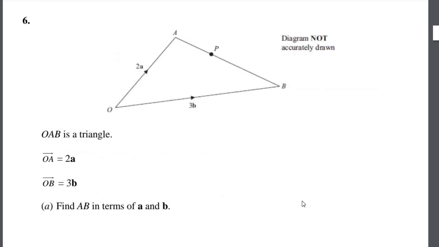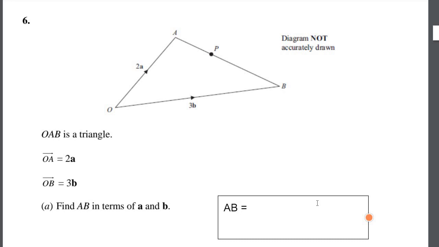Now let us take a look at this question. The first part is find AB. So again, if we need to go from A to B, we could go from A to O first and then from O to B. So AB will be equal to AO plus OB.